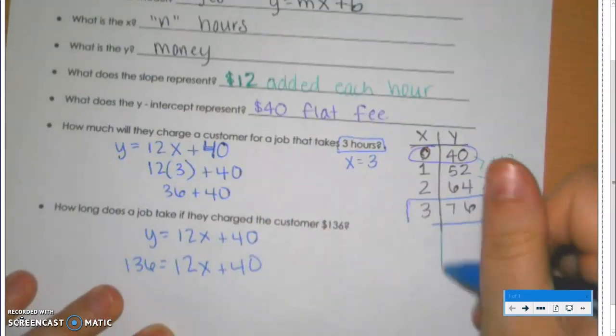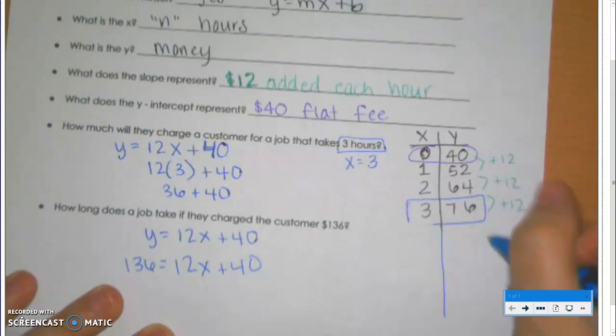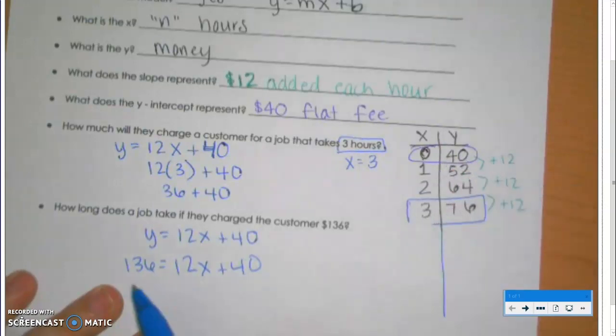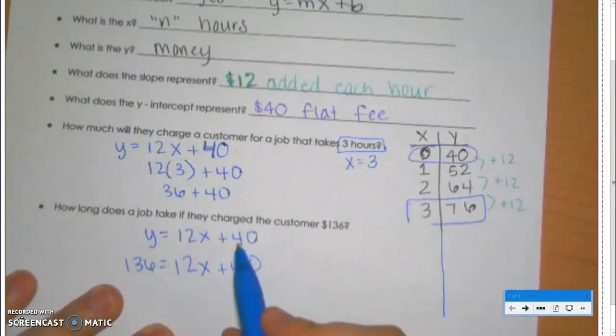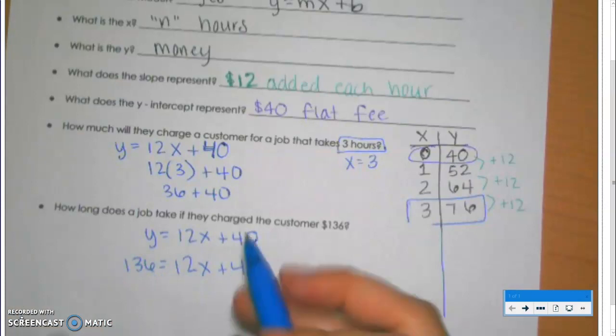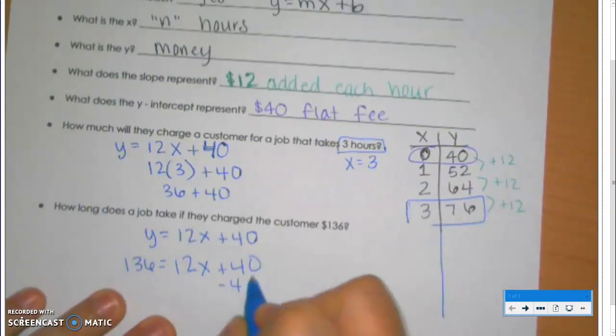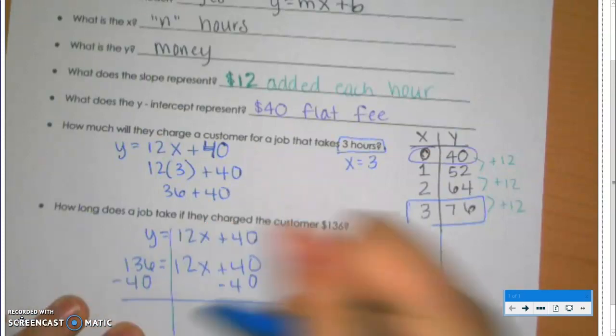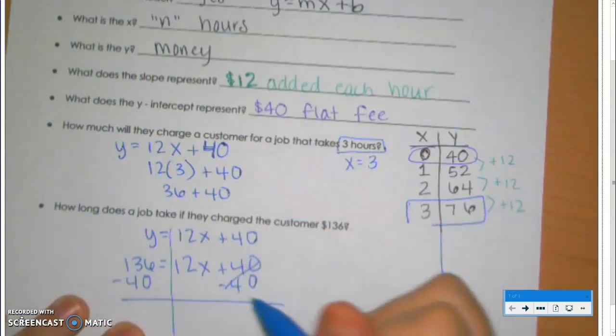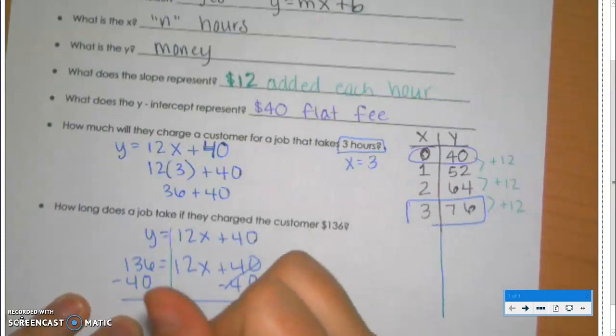If I wanted to, I could continue my table and just keep adding 12 until I got to 136. I could also try to put this into y equals in the calculator and go to the graph. I'm just going to minus 40 from both sides because the 40 is the flat fee. So I'm going to subtract the flat fee.